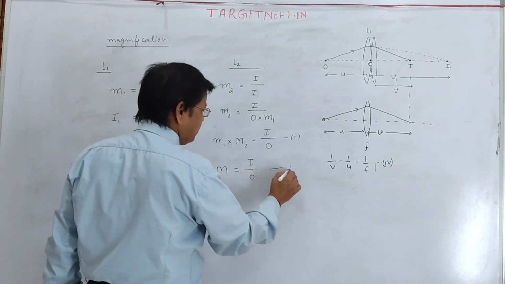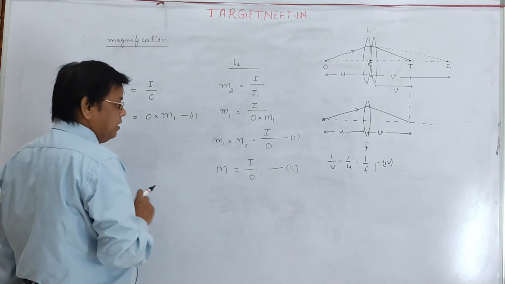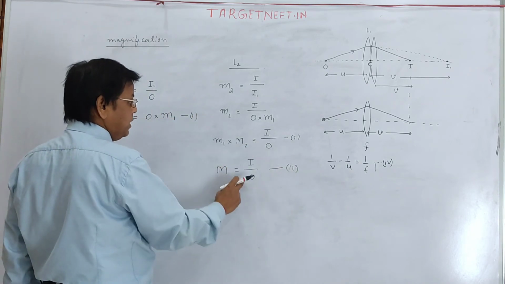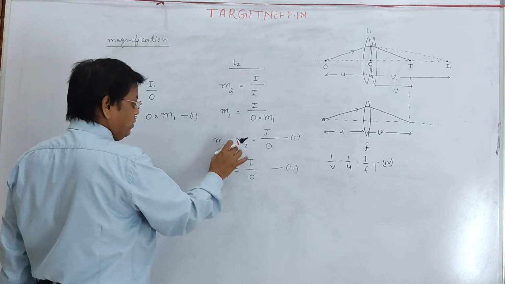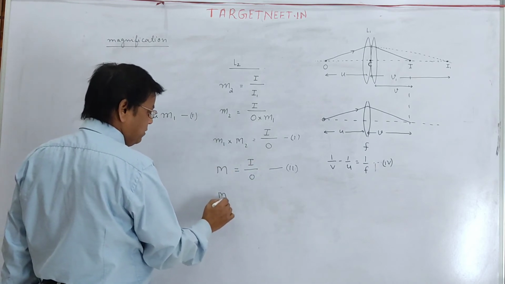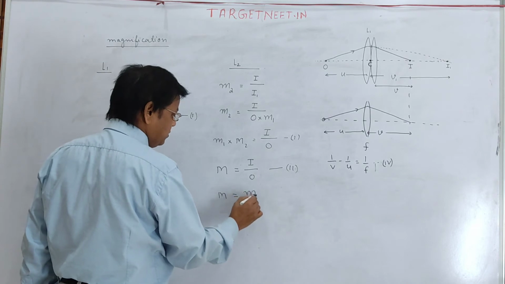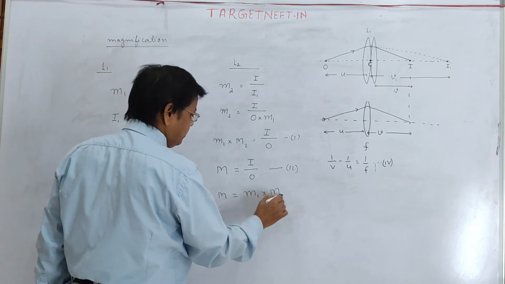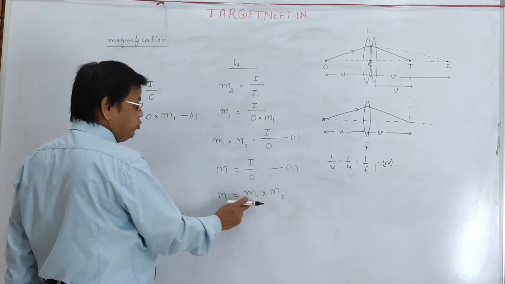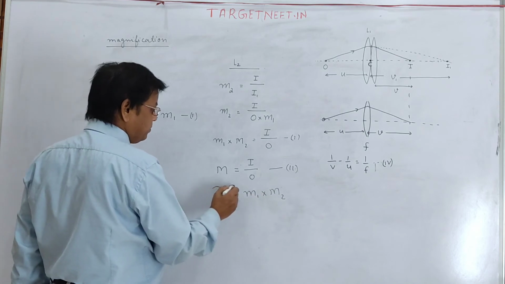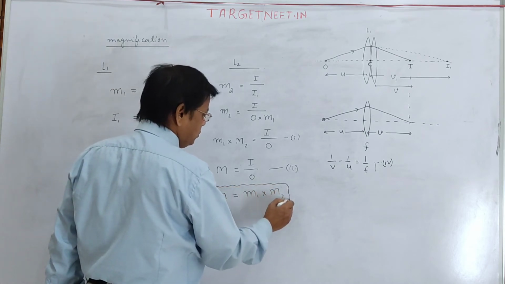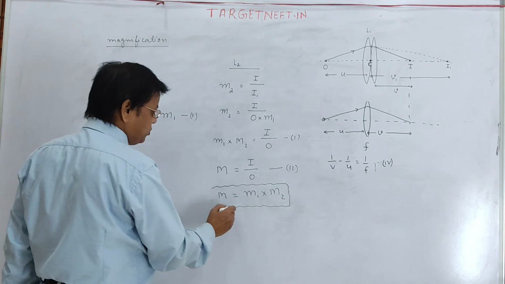If I compare these two equations, the left hand side is same, so we can equate right hand side. So total magnification produced by the combination is product of magnification produced by individual lenses. So this is the formula for magnification.